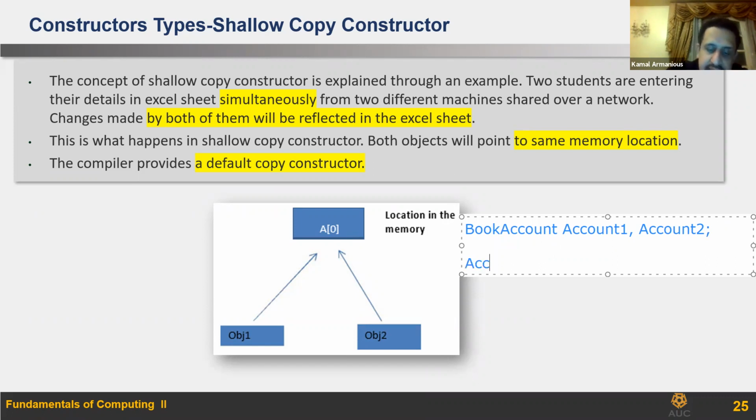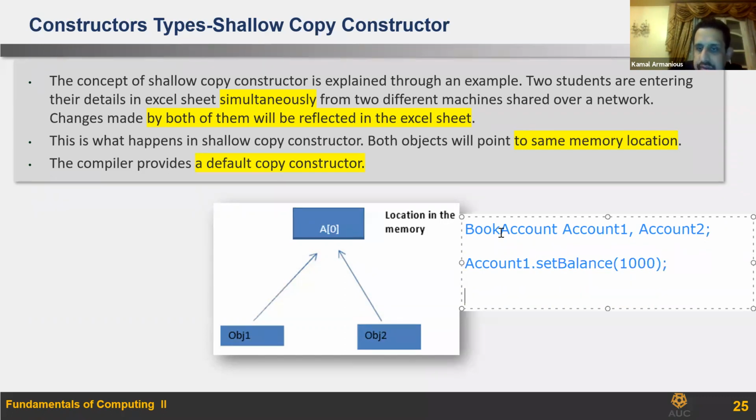Then I say account1 dot set balance 1000. What does set balance do?